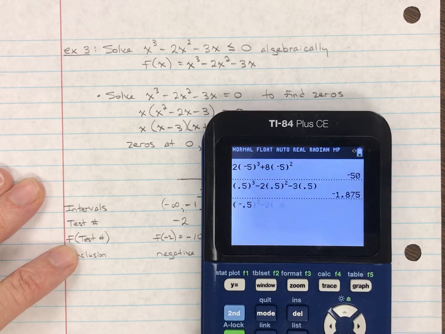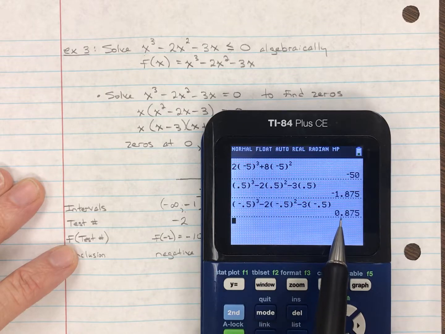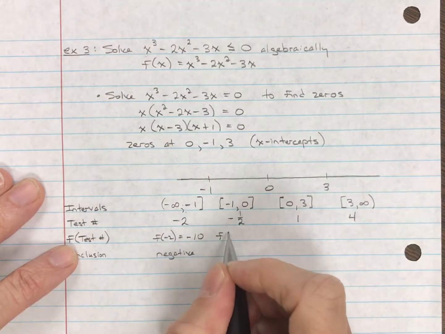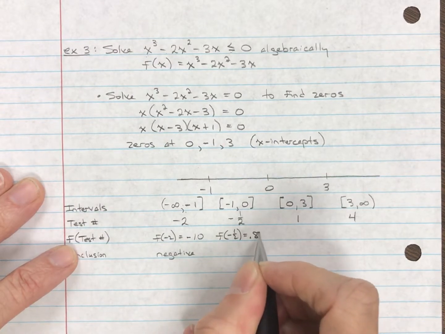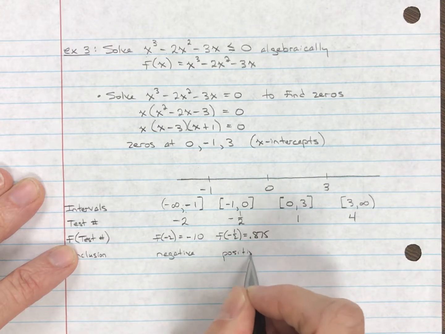Minus 2 times negative 0.5 squared, minus 3 times negative 0.5, and out comes a positive 0.875. So f of negative 1/2 is 0.875, and that is positive.